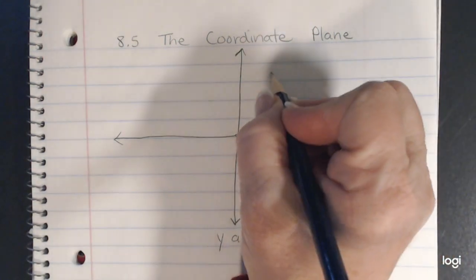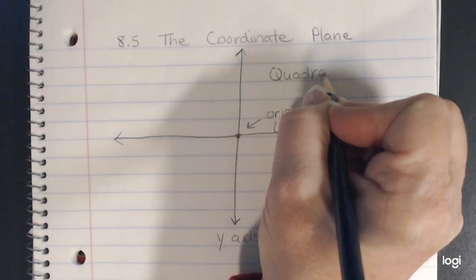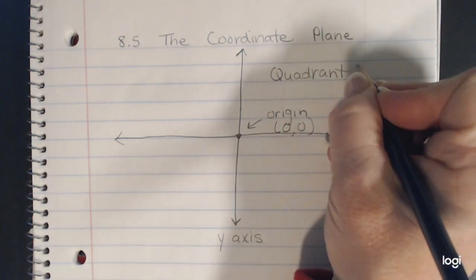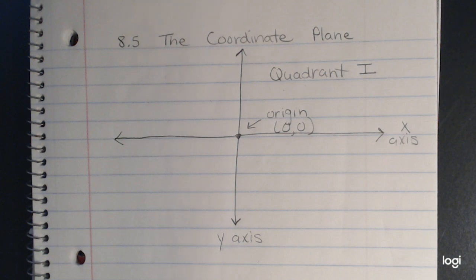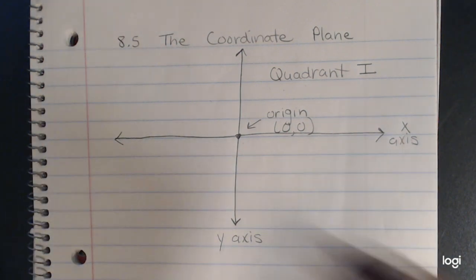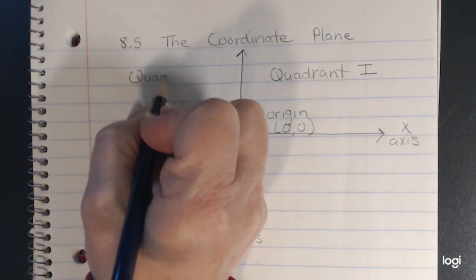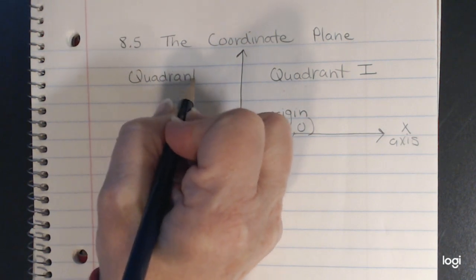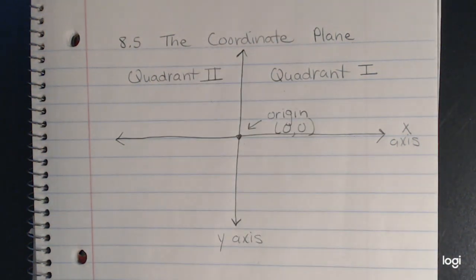This one here will be called quadrant 1. And most of the time you'll see them labeled with a Roman numeral. And this one will go counterclockwise. This will be called quadrant 2. And that's how you do Roman numeral 2.